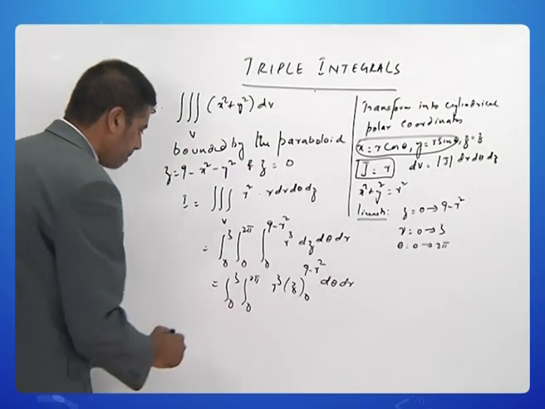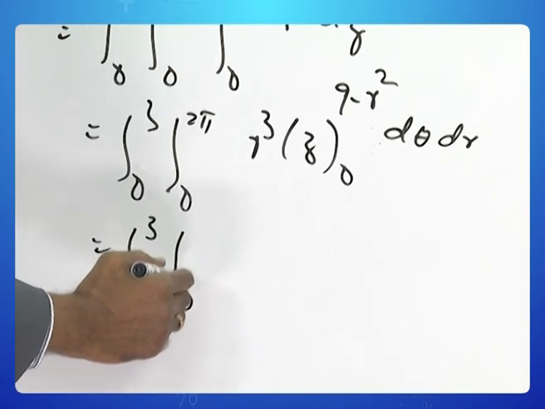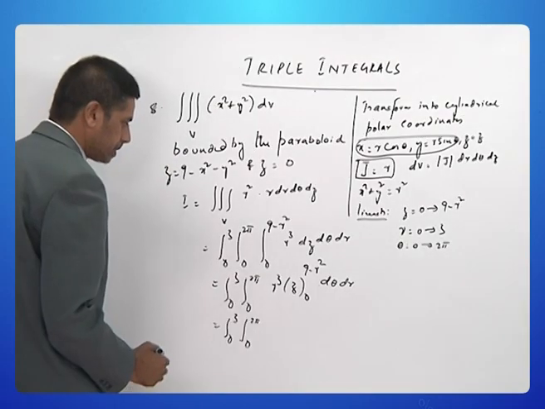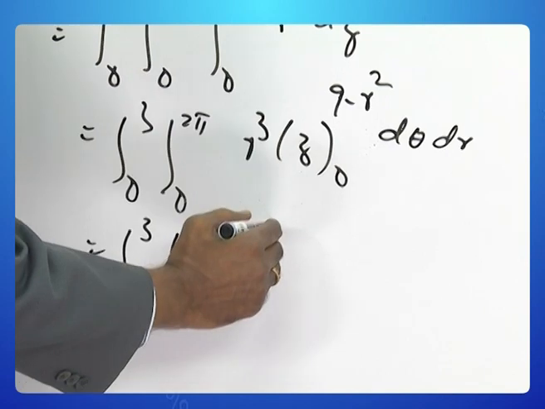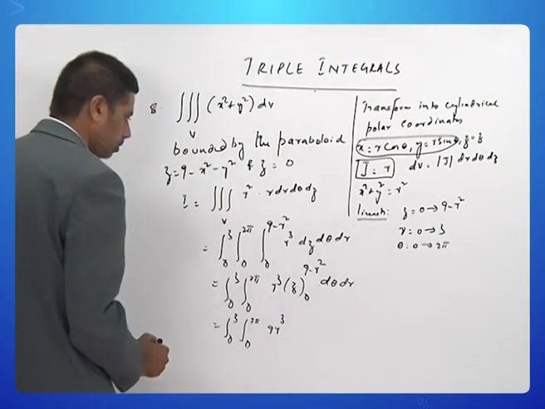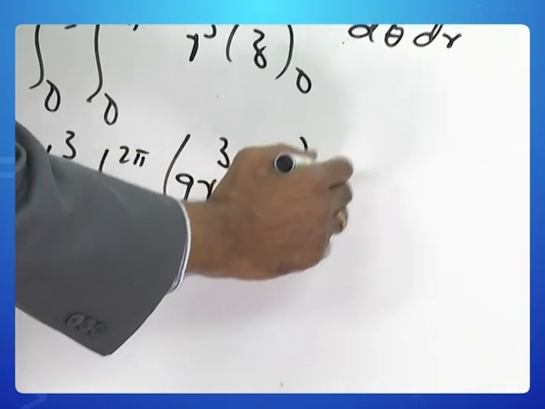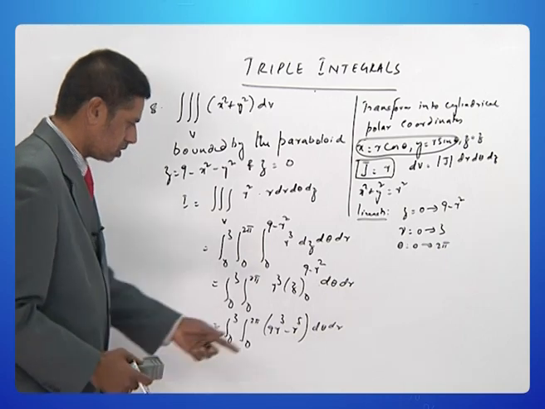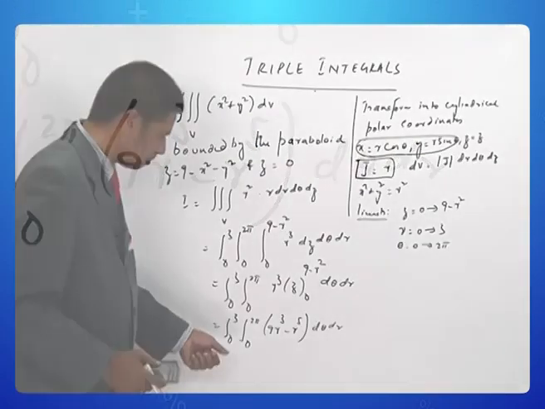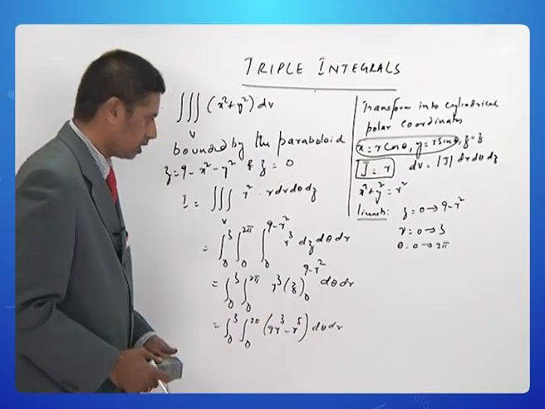So this would become 0 to 3, 0 to 2 pi, 9r cube minus r to the power of 5 d theta dr. Of course, d theta dr or dr d theta is the same, but because we have fixed the order like this, let's finish with respect to theta.